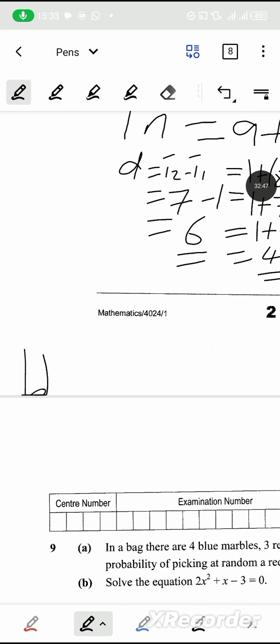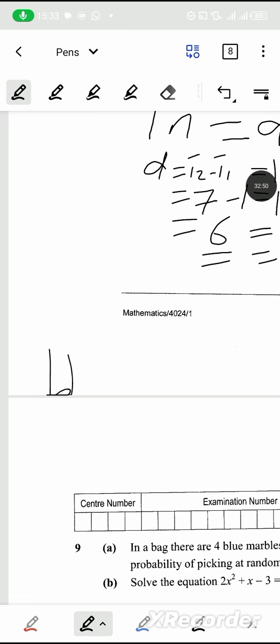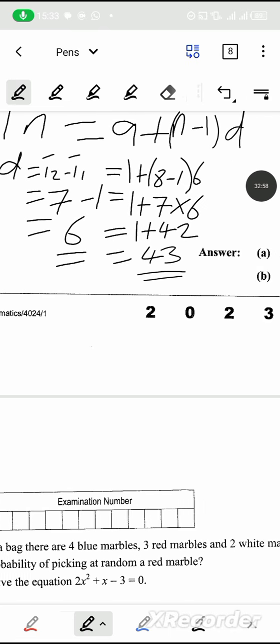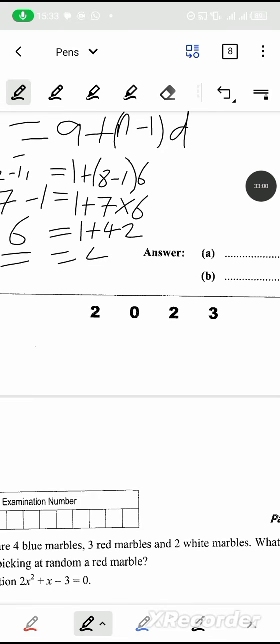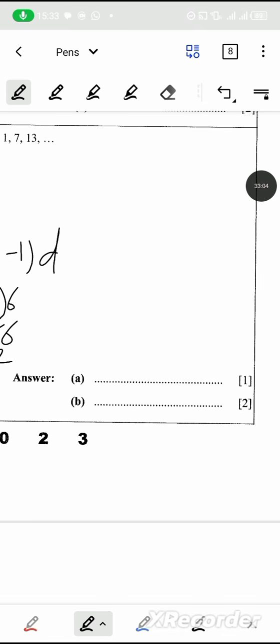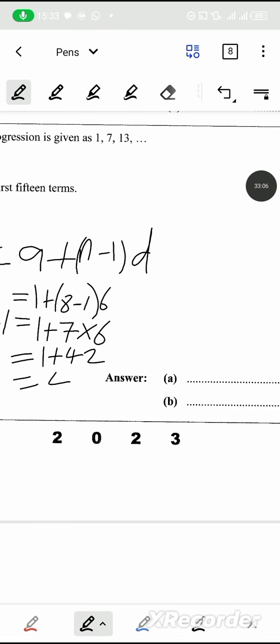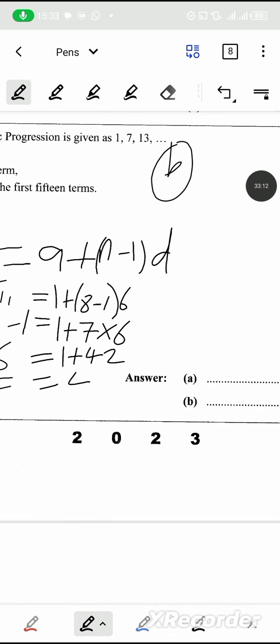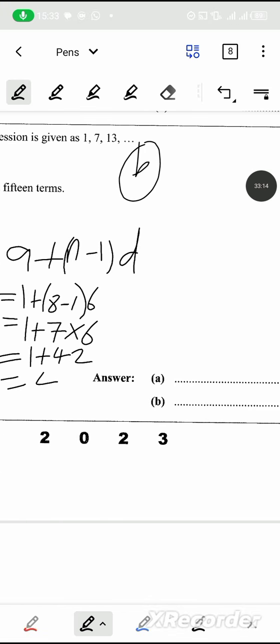So B will be somewhere here. Let's find the sum of the first 15 terms.